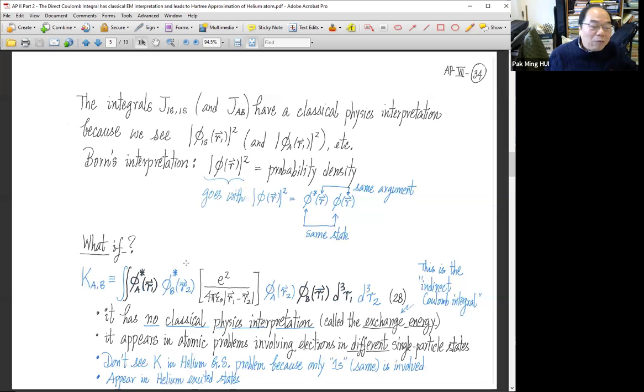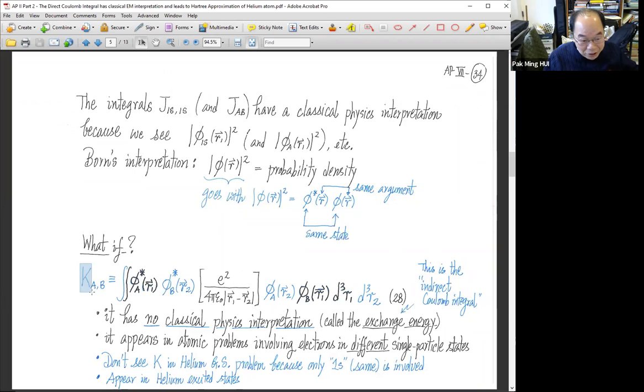Now, I would like to write down the very strange so-called indirect Coulomb term for you here, but you don't know where it comes from at this point. Later on, you will see. This is the thing that is called K in the literature.